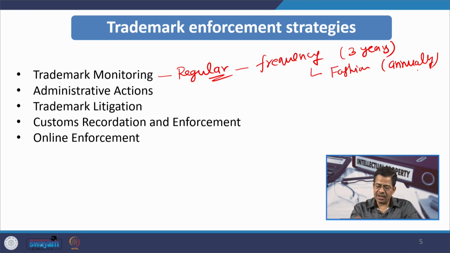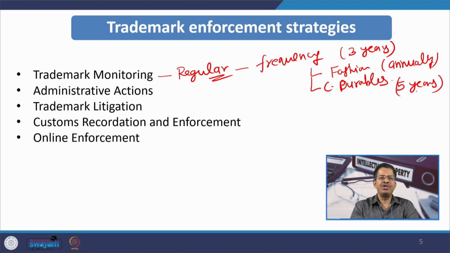So, if it is consumer durables, it can be maybe 5 years. So, depending upon the category in which you are, you need to have a frequency of monitoring your trademark portfolio, so that you can see which trademark, which brand has more business interest as compared to others.